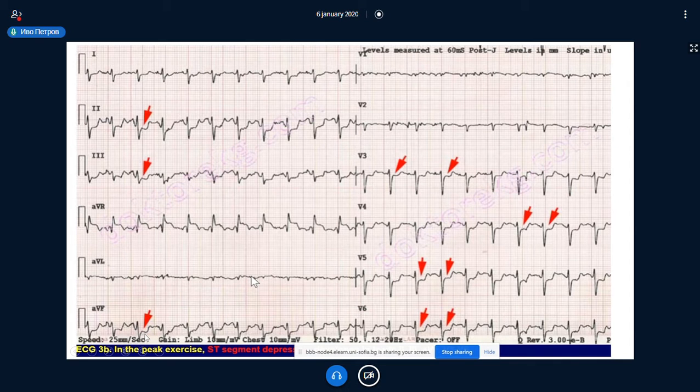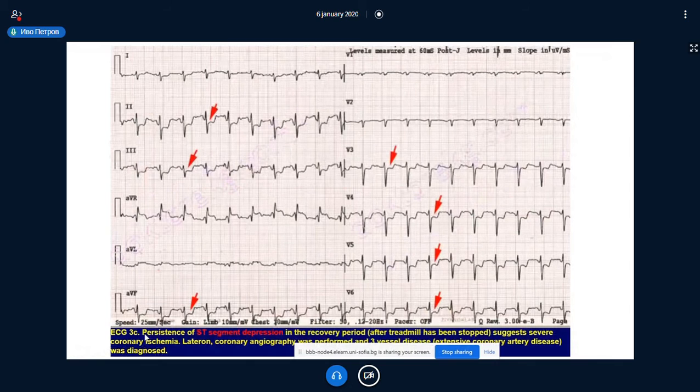It's a very big burden of ischemia for such a patient. In such a situation, please note the ST elevation in the AVR.